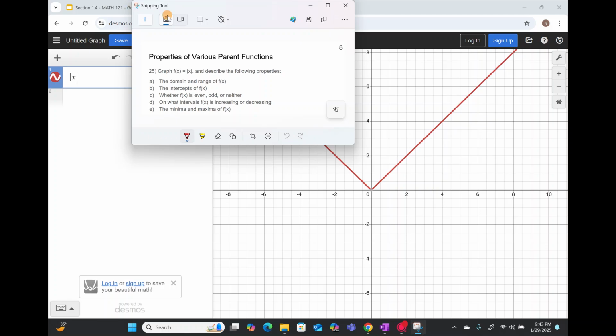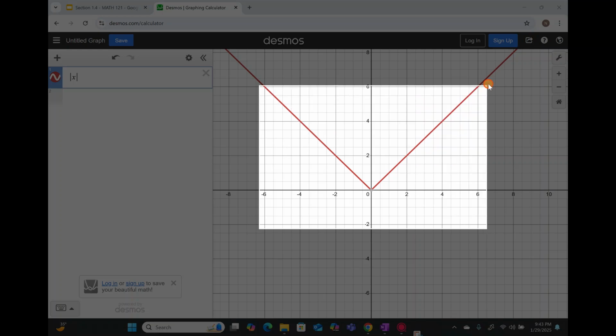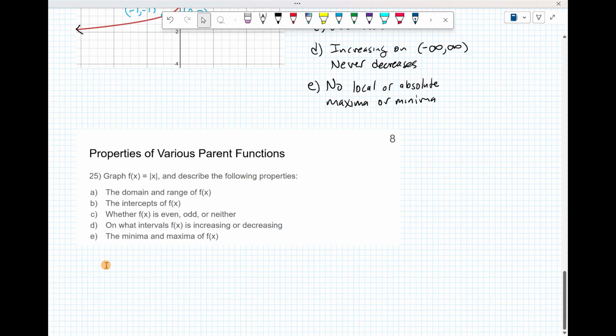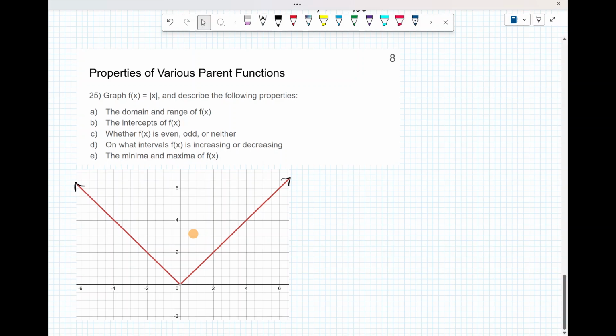And let's copy and paste this. Okay. We'll start with the domain and range.